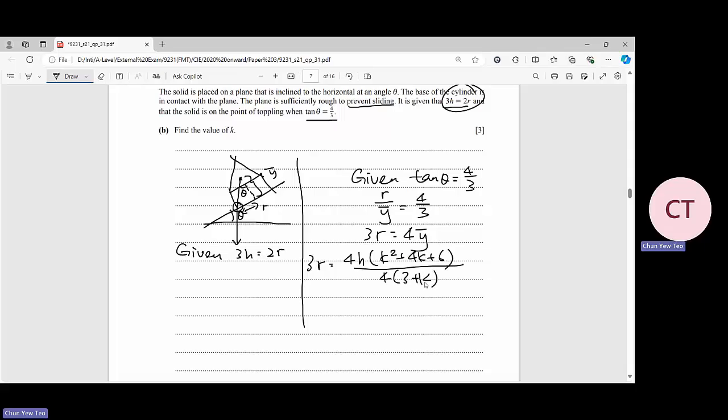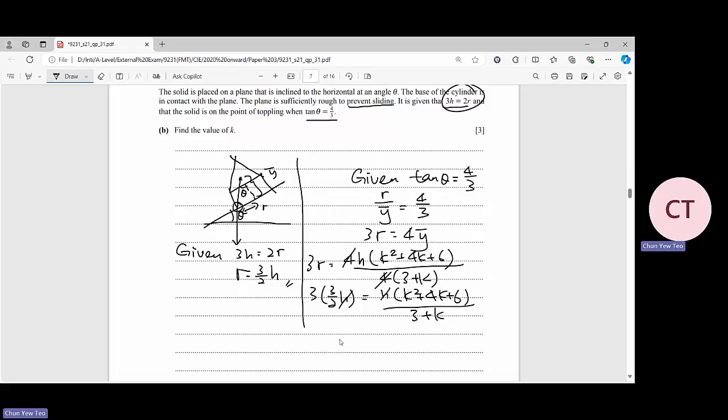So over here, we can cancel the 4. We can make the r equal to 3 over 2h. So the r over here, make it become 3 over 2h is equal to h k square plus 4k plus 6 over 3 plus k.